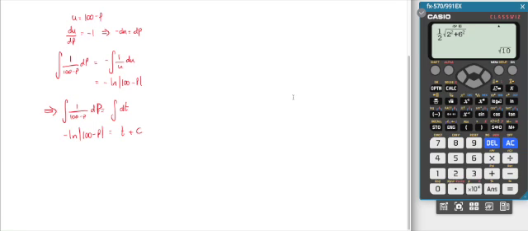We can then say, take the minus across, so ln 100 minus p is equal to minus t plus c. I'm not worried about the sign on the plus c, that should come out in the wash. Let's take e, so raise these to e, so 100 minus p is A e to the minus t. That's a standard result that you can use, so that p is therefore 100 minus A e to the minus t.